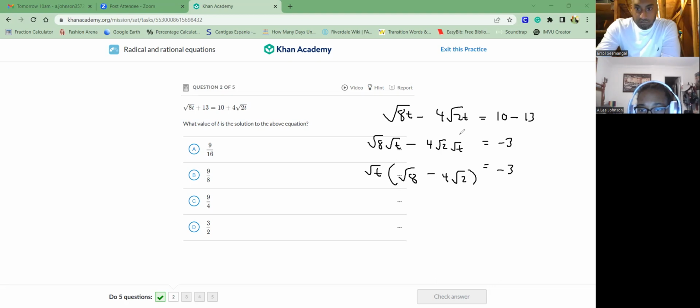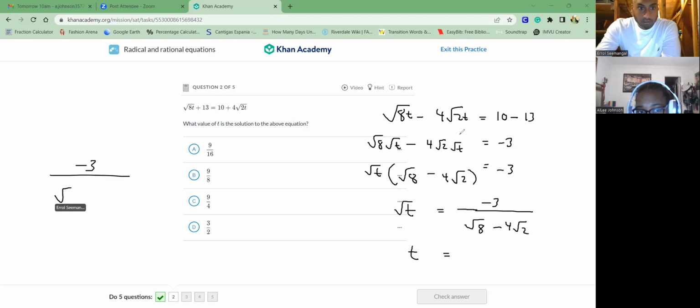So you'll have root t equals -3 divided by root 8 minus 4 root 2. Can we simplify that? If we square both sides, we'll get t equals all of this squared, right? What's -3 over root 8 minus 4 root 2, all squared?